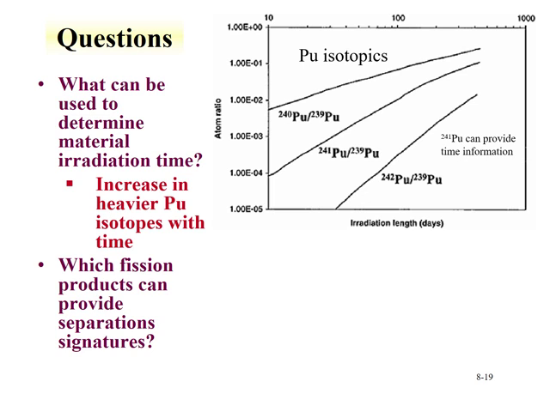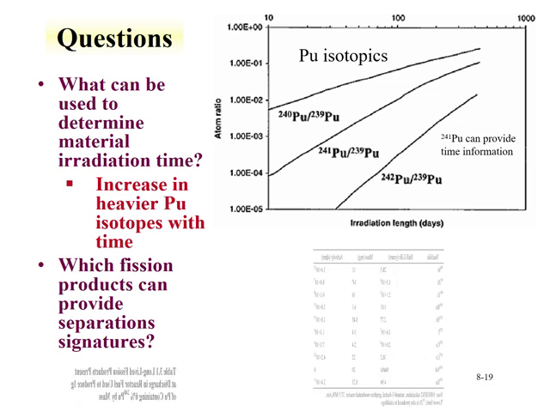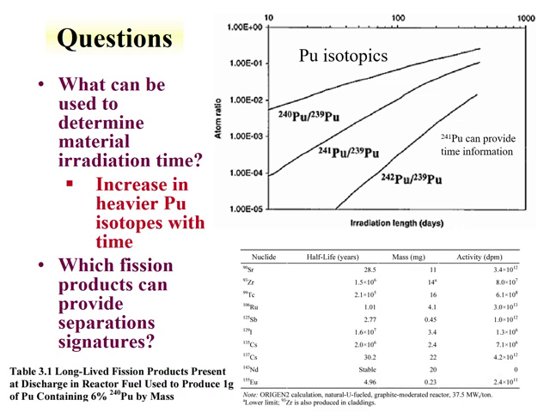Other information that one can get is related to fission products and what sort of signatures they can provide. Well, for separations, one can look at these fission products that are listed here. Some of them are relatively short-lived, some are relatively long-lived. So this gives you a range of what sort of time span one can use to evaluate material.